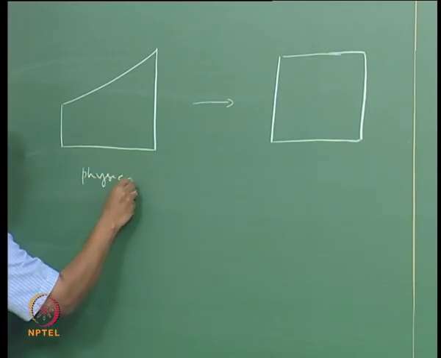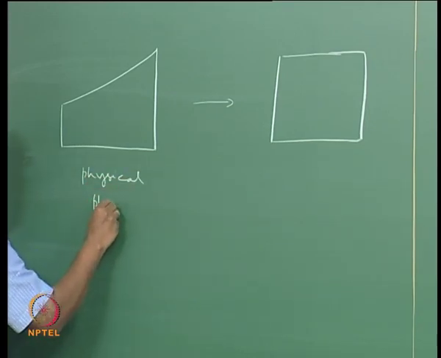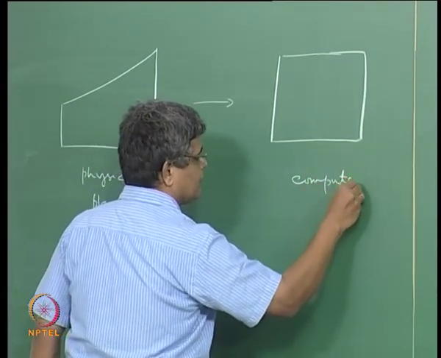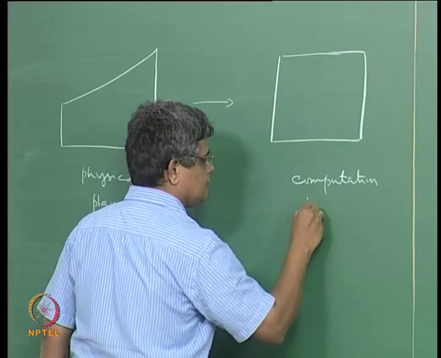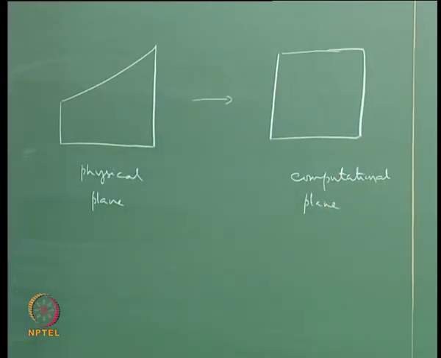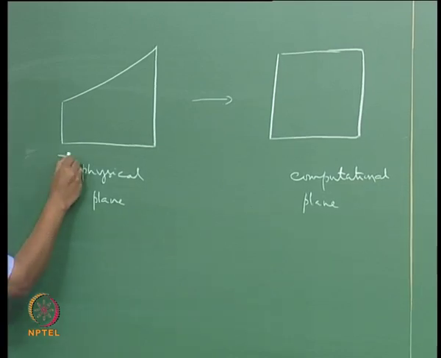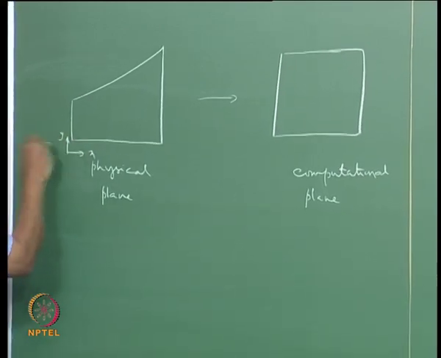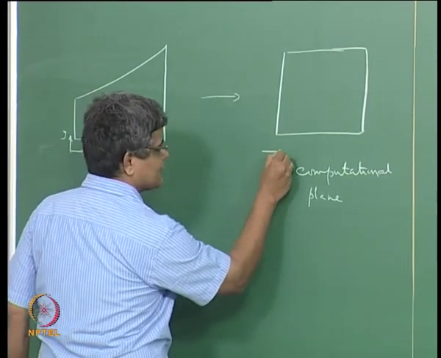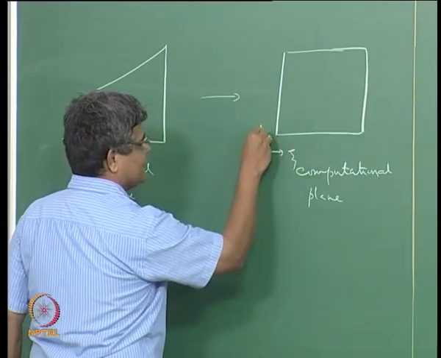This is the physical plane, and the computational plane. Here we have, for example, x and y denoting coordinates, and these are transformed into psi and eta.